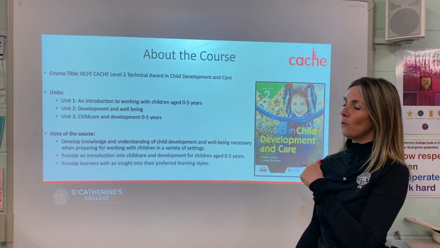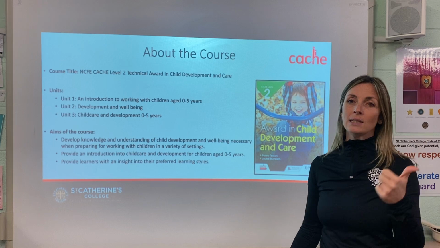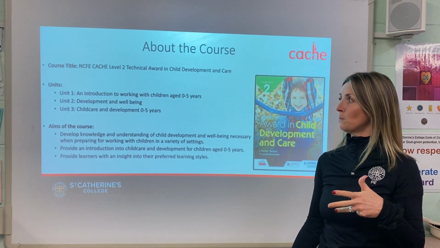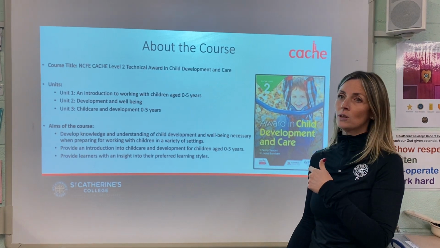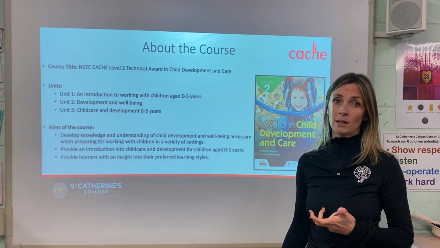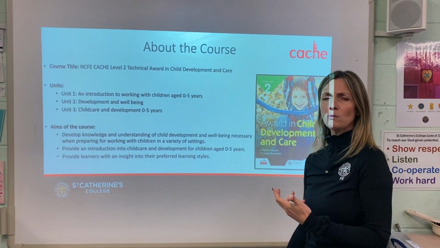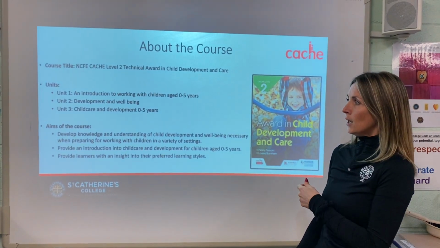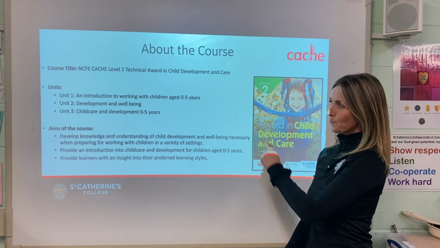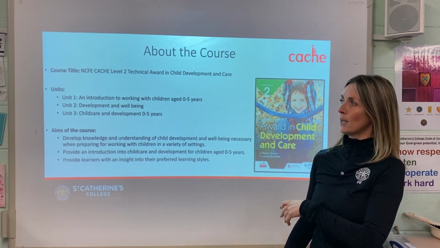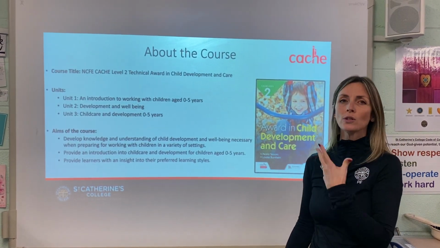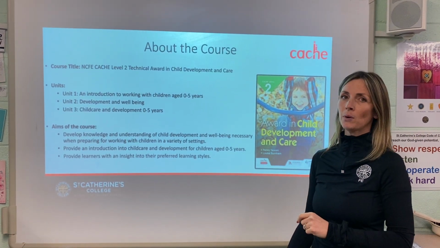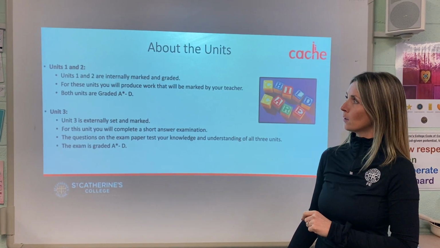We then look at how children develop intellectually, socially, through their language and through their physical aspects, and how we make sure that they have good well-being, and what to do if we don't think that that's the case, how we can make them successful young children. And then Unit 3 is an exam, and it looks at Unit 1 and Unit 2 and all the concepts you've learned and the assessment that you've done, and we put that into practice in an exam.